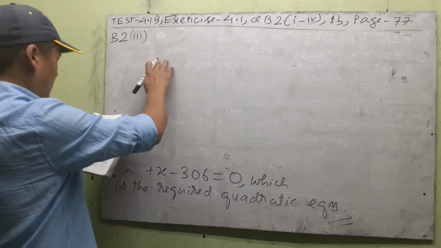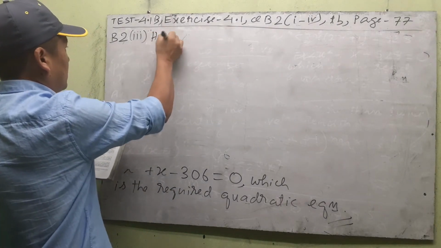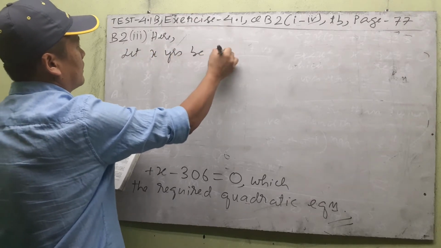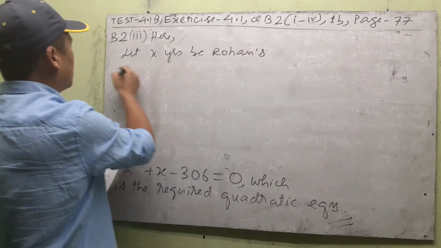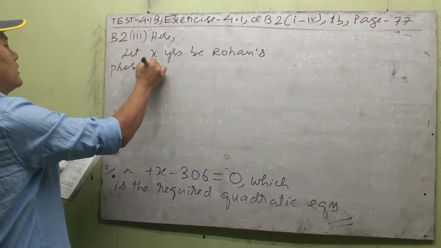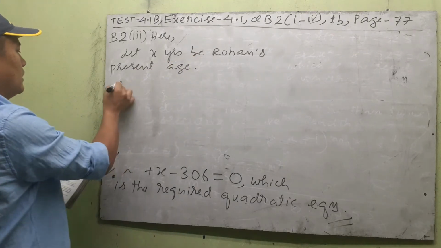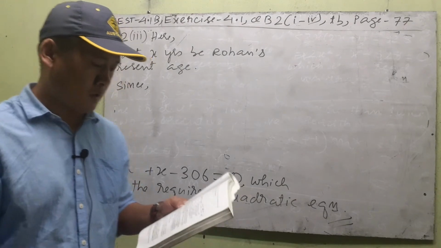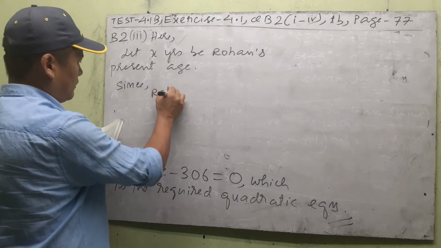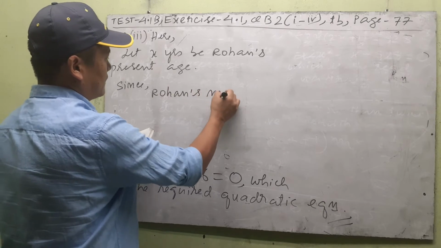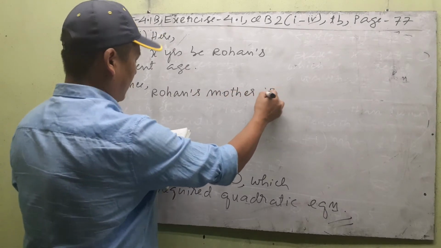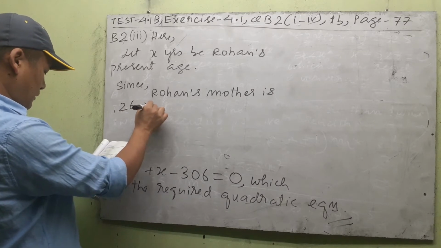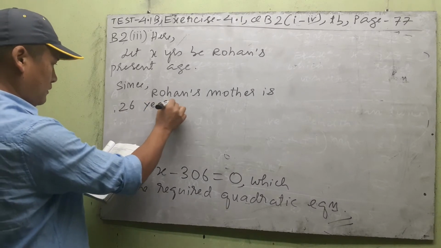So let us say here, let x years be Rohan's present age. Now the question is saying that Rohan's mother is 26 years older than him.